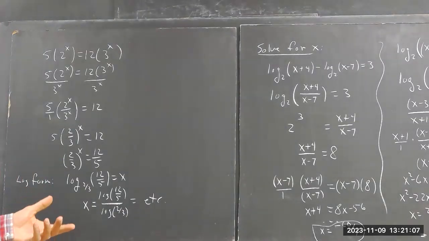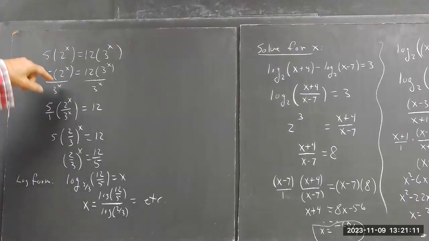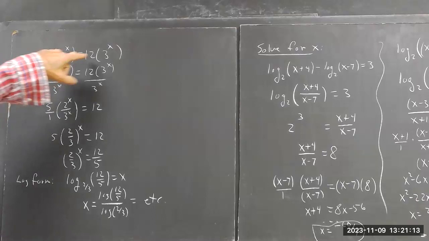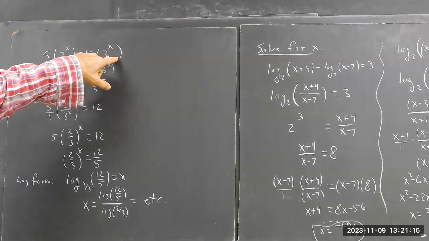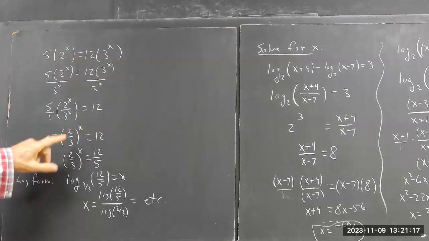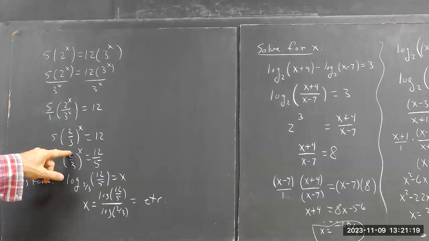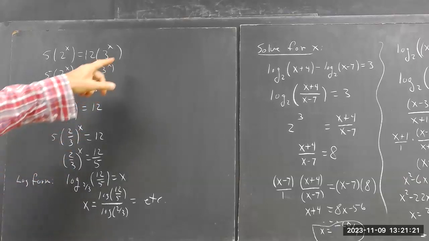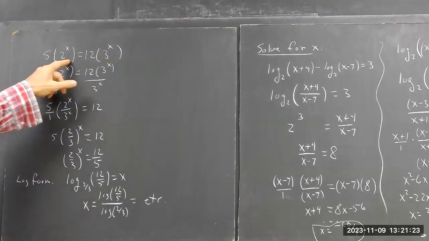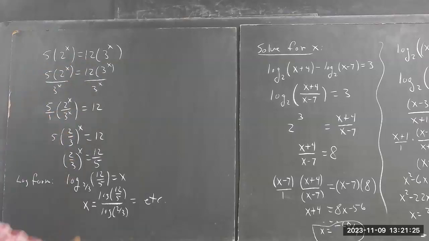So the only trick is you've got two different bases here. You can get it into this form just by getting both of these exponential expressions in the same side. In this case, by division. Okay. That wasn't a great statement. So don't live by it. Get the idea.